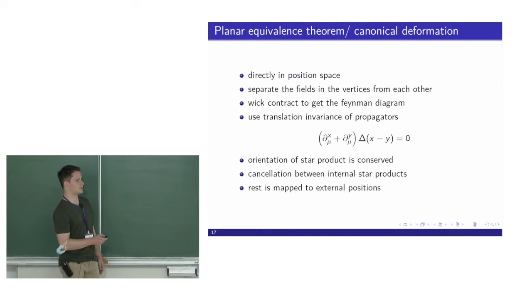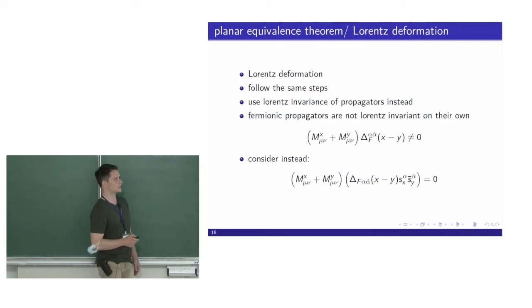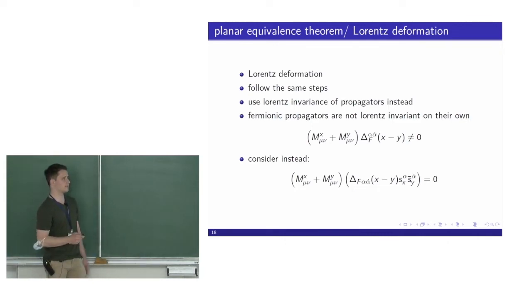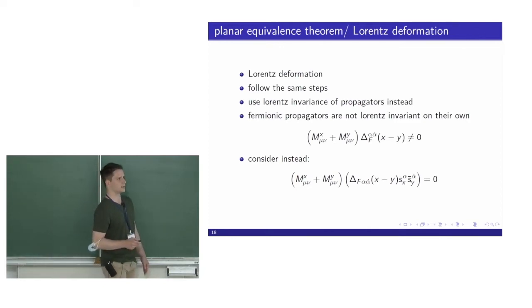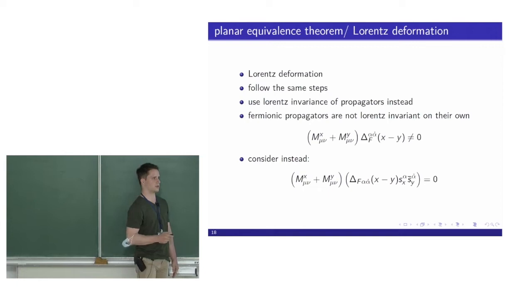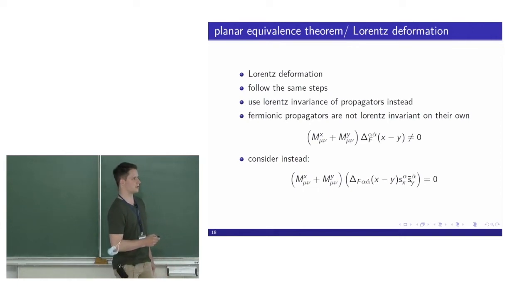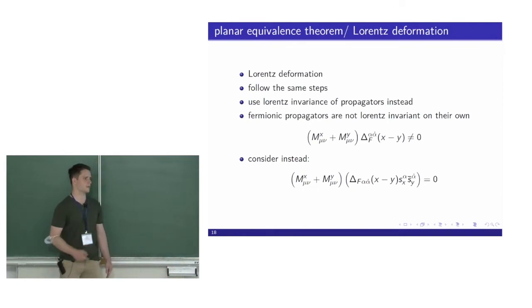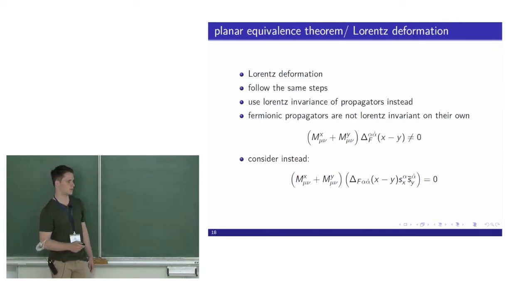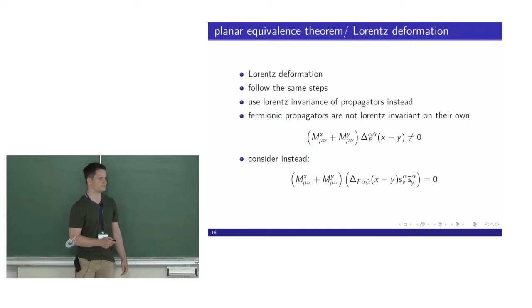But instead of using this translation invariance of the propagators, we use Lorentz invariance of them. Okay, there's a caveat. So for example, when we look at the fermionic propagators, these are not really Lorentz invariant on their own. So when we have this Lorentz transformation acting on these component propagators, this is not vanishing.